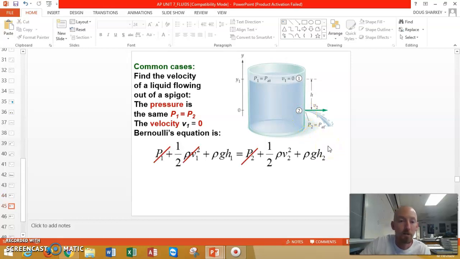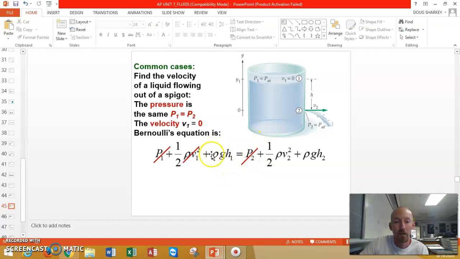So we're going to invoke Bernoulli's equation. We're going to say that the pressures are constant, so the P's go away. Okay. And we're going to say that the initial speed of the top of the water is going to be 0. So when we let this water start flying out, this just barely starts moving down. And that gets rid of these two things, and that gets rid of this sucker.